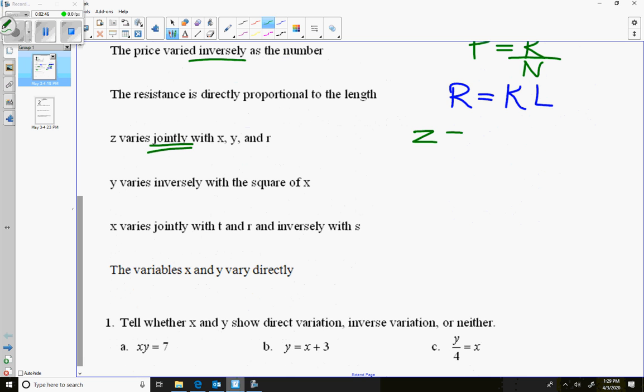So Z varies, gets me Z equals K, jointly with X, Y, and R. And then they can throw in extra stuff if they wanted to. Y varies, so Y equals K. Inversely tells us to divide, but it's the square of X. So it's going to be X squared.